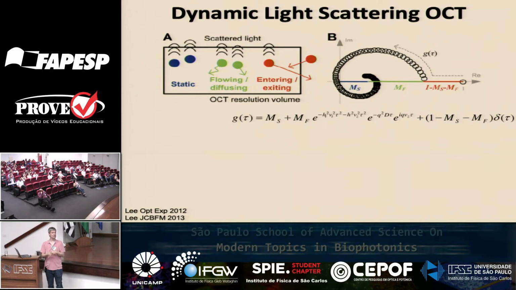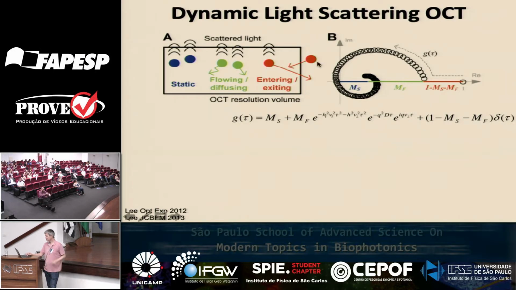But with OCT, because we're using this interferometric measurement and a coherence gate, we can coherently gate exactly where the photons are coming from, at least what path length of photons, right? So that essentially allows us to control very precisely the measurement of singly scattered light within tissue, right? And so we could derive the dynamic light scattering theory, but for OCT. If you're interested, I'd be happy to talk to you afterwards about how you derive this.